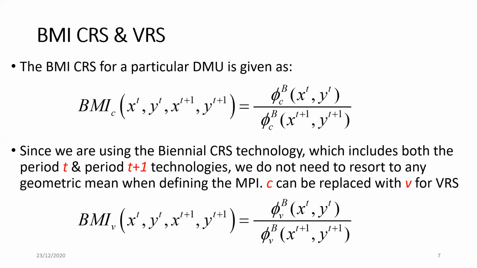So please note that, and guys, I want you to pay attention at this stage. The biennial Malmquist for constant returns is not a big deal. It is the biennial Malmquist for variable returns which is a big deal. You will come to learn that the constant returns one coincides with the standard Malmquist constant returns. The frontier will be the same thing.